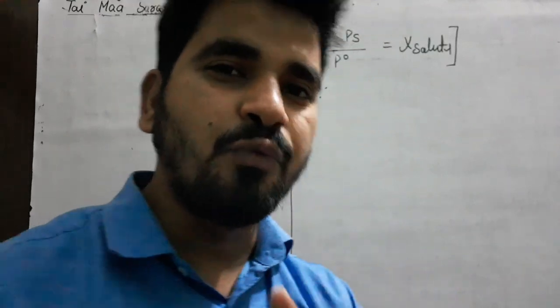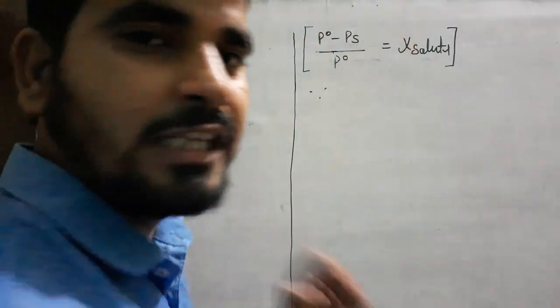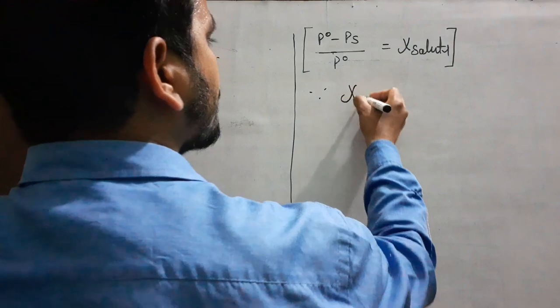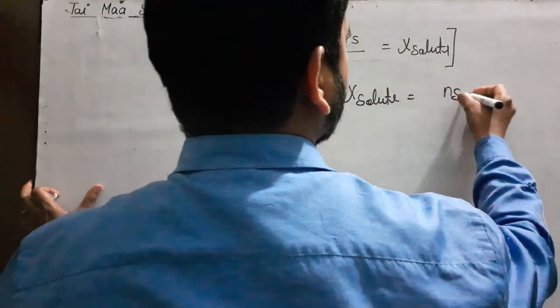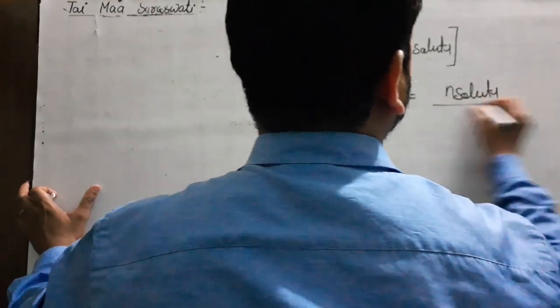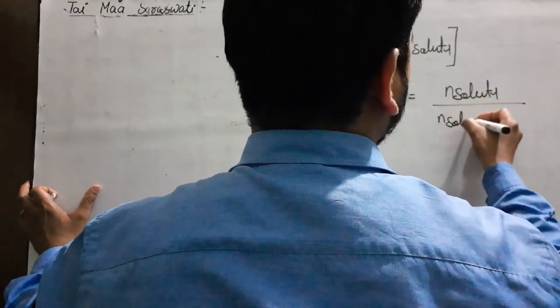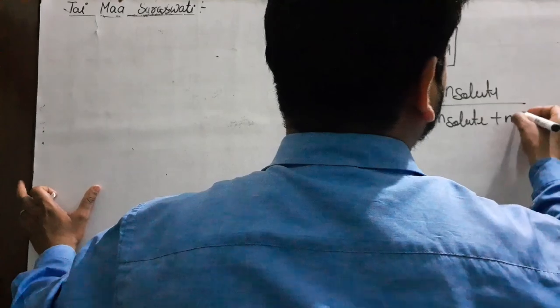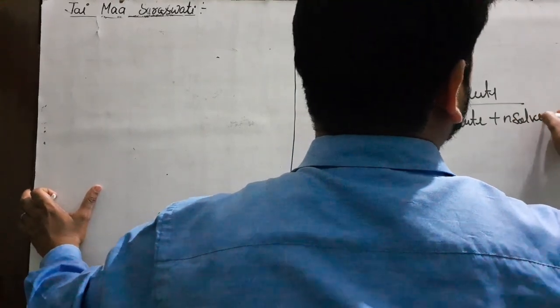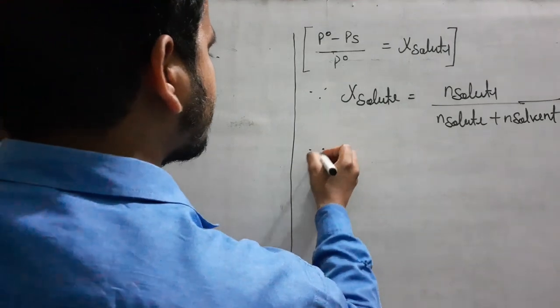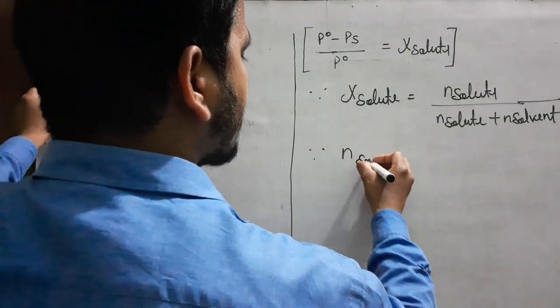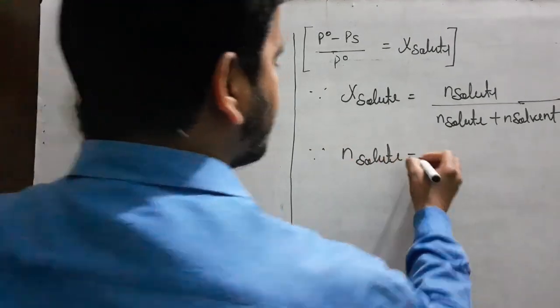So in place of xi solute, we may write xi solute is equal to n solute upon n solute plus n solvent. Here n means moles.